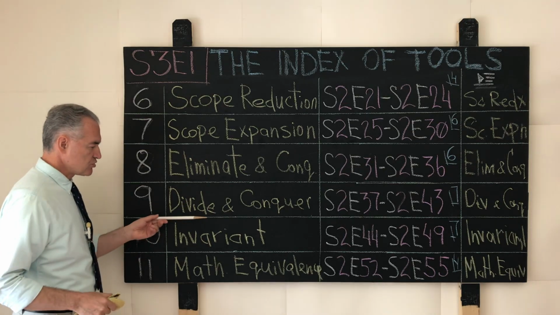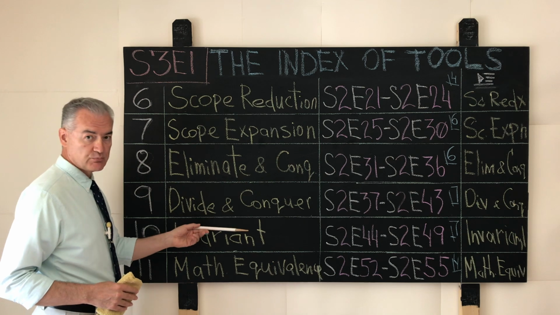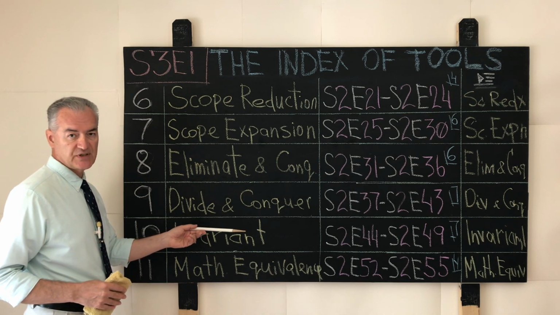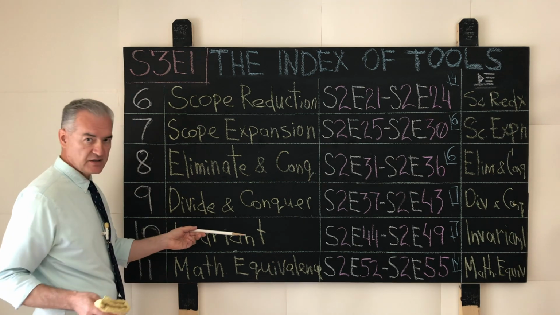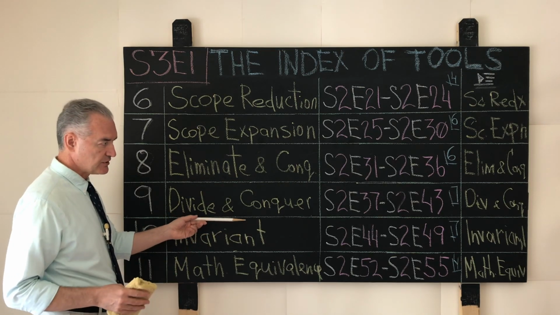The problem-solving approach number 9 was divide and conquer, another very popular, very powerful approach for solving problems that travels well throughout physics, mathematics, and elsewhere, even in real life.